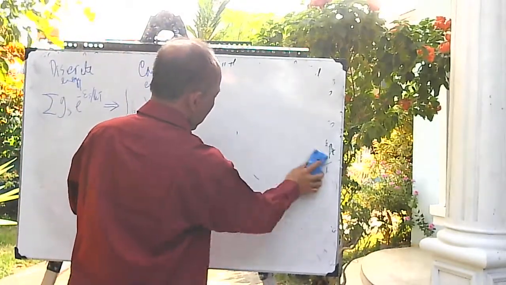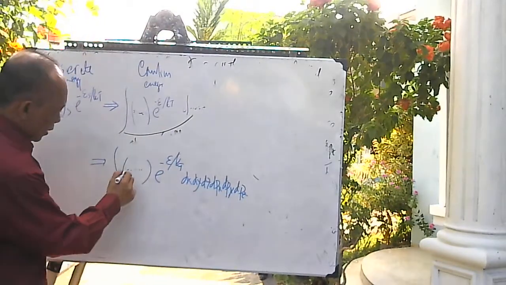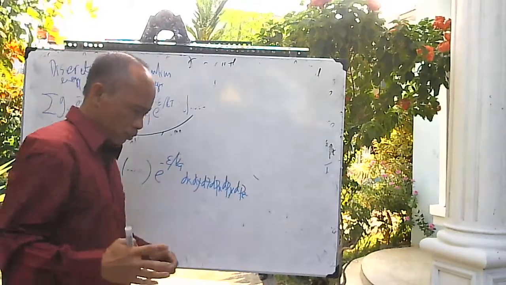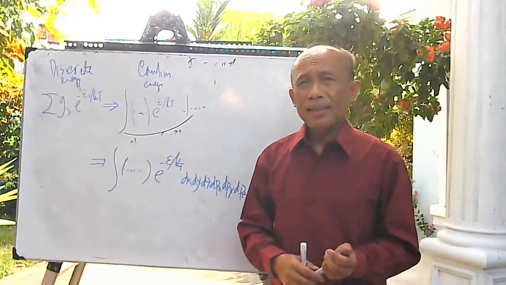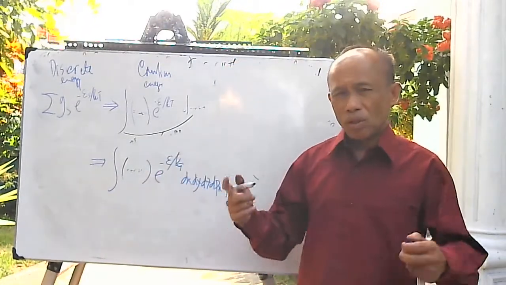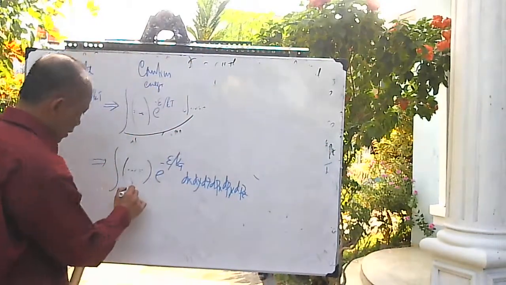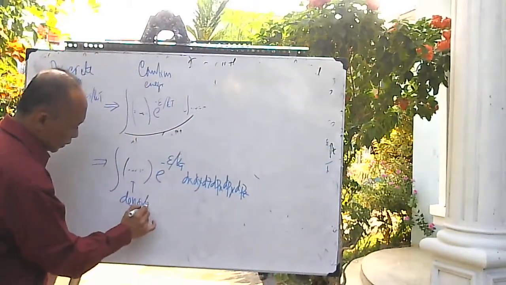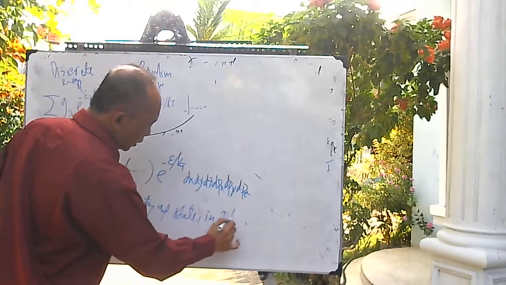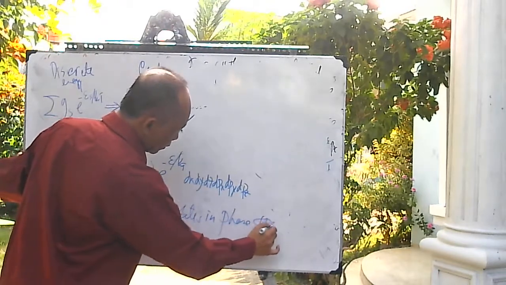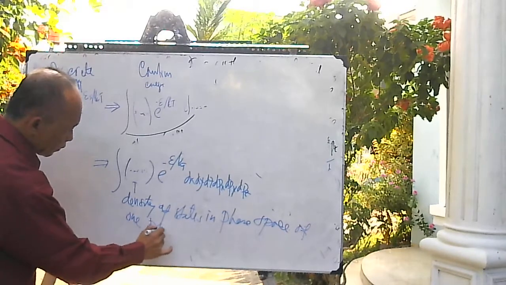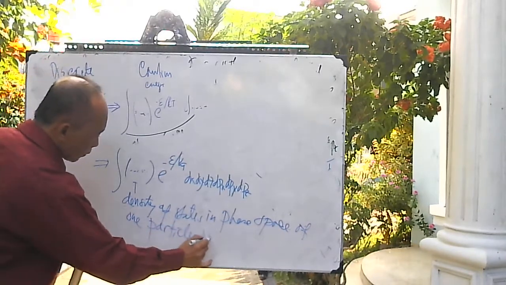So the next question is, what is this parameter? What is this factor? In the case of one particle only, this is the density of states in phase space of one particle only.